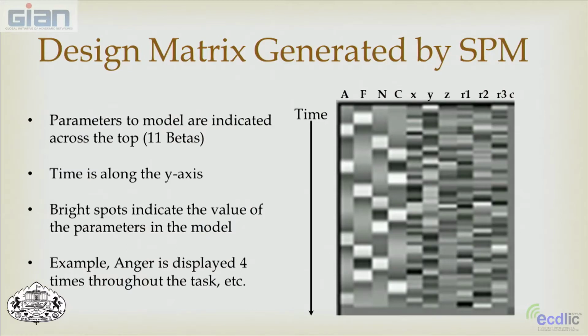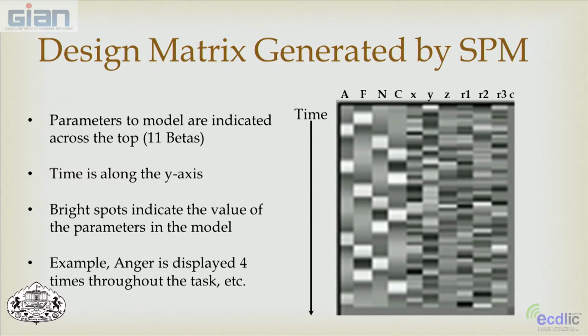So yesterday I showed you one of these plots that's generated by SPM to try to explain our model. And today I can explain it a little better because we actually know what our model is. So time is along the y-axis here. It's actually going from top to bottom. And so in the top you see A, F, N, and C. That is our anger, fear, neutral, and control conditions.